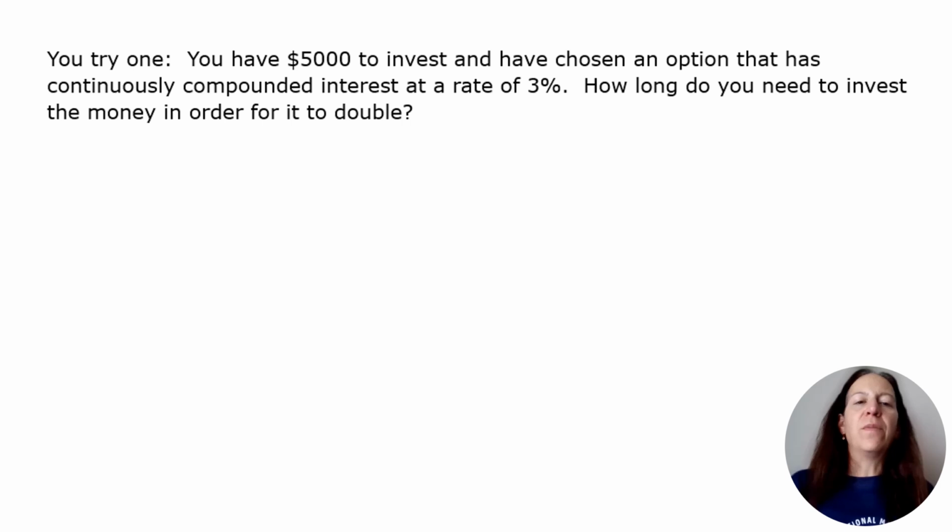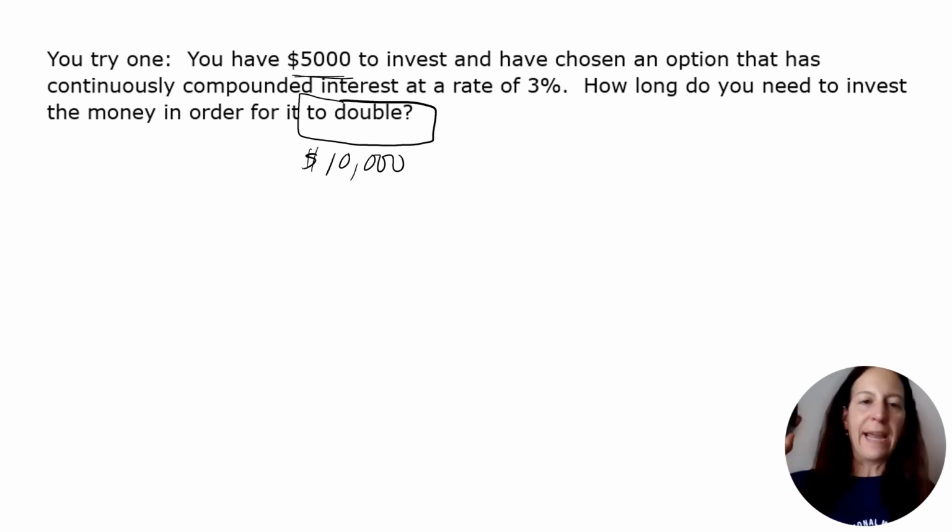The hint is that if you want the money to double and you're starting with $5,000, then you would want to invest it long enough to double it, which would be $10,000. If you need that little hint, go ahead, pause the video again and see if you can take it from there.